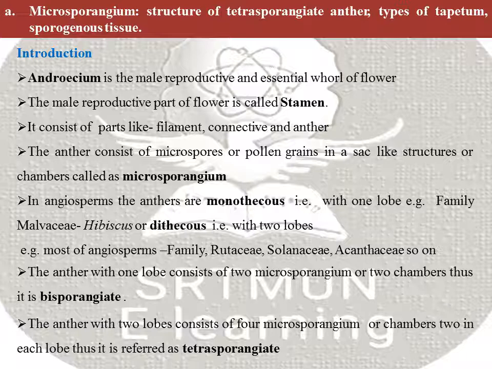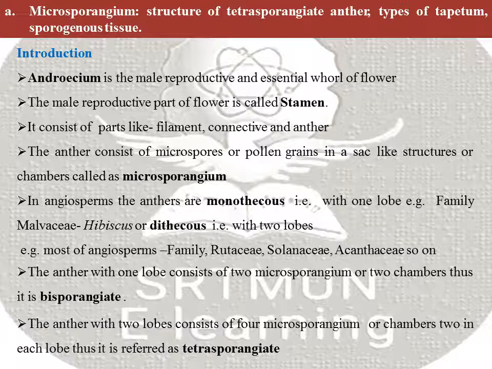In angiosperms, the anther is monothecous, that is one lobe, for example family Malvaceae, plants like hibiscus or Datura. Dithecous means two lobes, for example most angiosperms, family Rutaceae, Solanaceae, Acanthaceae and so on.